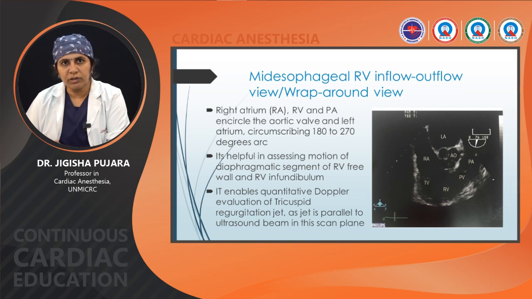It enables quantitative Doppler evaluation of the tricuspid regurgitation jet, as the jet is parallel to the ultrasound beam in this scan plane. You can see in this figure this wraparound view or inflow-outflow view. Usually we get it at 70 degrees forward rotation from the mid-esophageal four-chamber view.